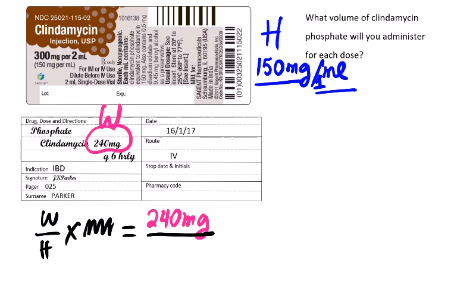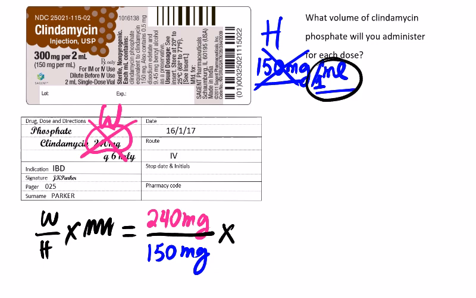In this case, we need to go with the 150 milligrams simply because we want to match top and bottom of this fraction. So what has happened so far? We used the 240 milligrams, we used the 150 milligrams. That means that the third quantity we multiply by is the 1 mil, which in this case is indeed the volume.